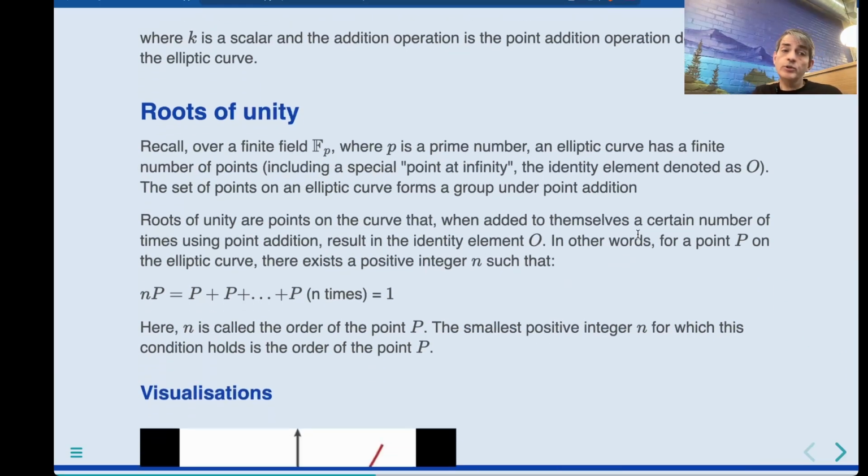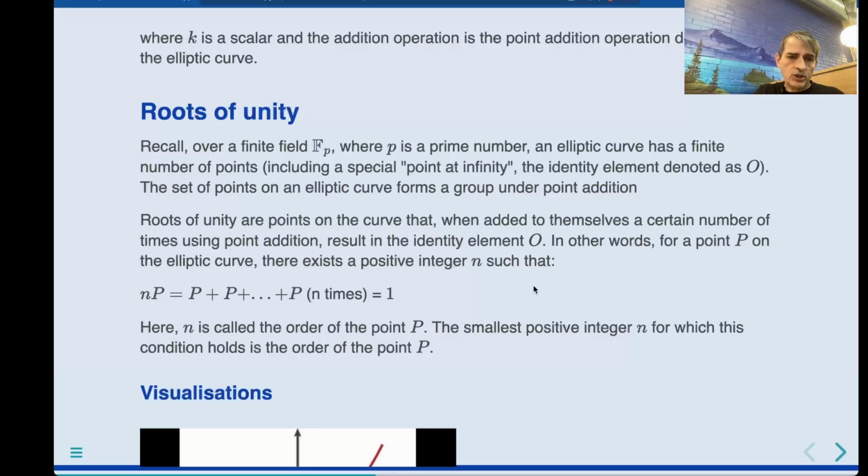Roots of unity, you will come across this term. These are points on our curve, part of this group, where if we add them to themselves a certain number of times, we are going to get the identity element. The identity element is often called O in elliptic curves, so that's why I have it here.